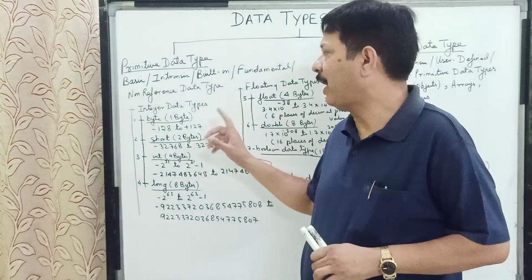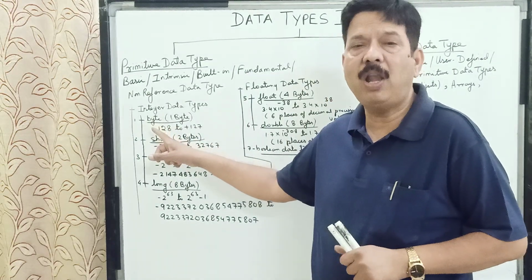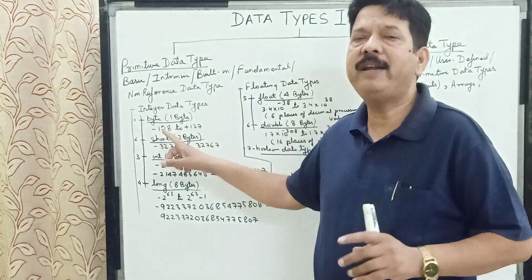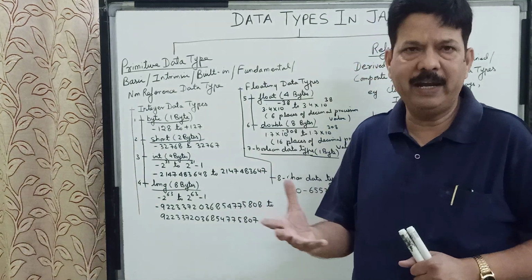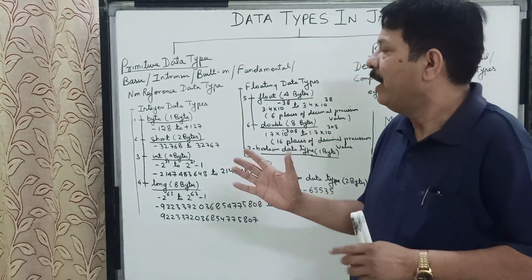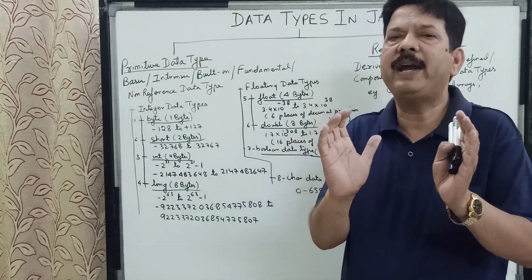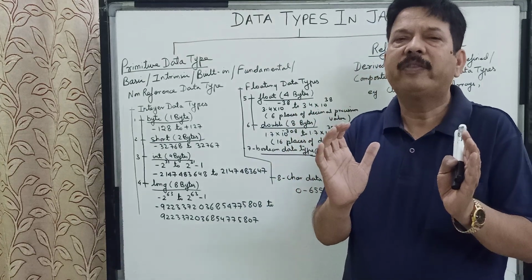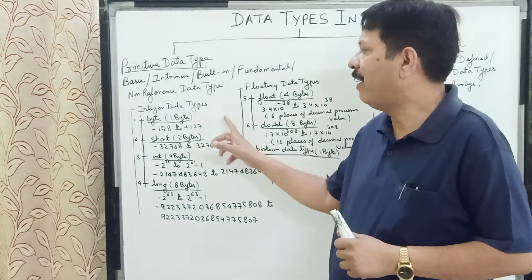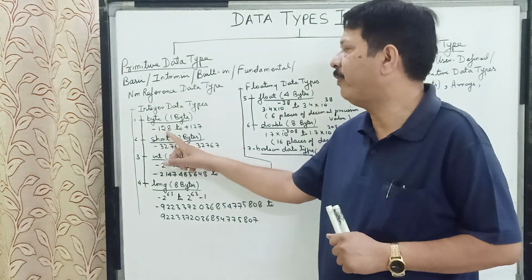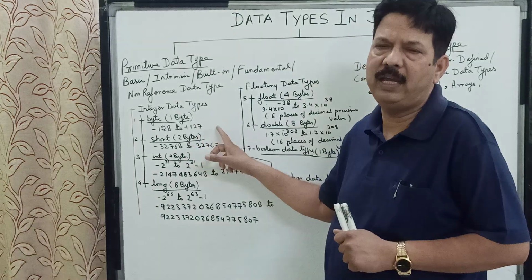So integer data type first is byte. It is written in small letters. If you want to define a data of type byte, I'll tell you how to define these data. Then it only occupies 1 byte of memory size in the memory of the computer, that is in RAM. And the data which it can hold is from -128 to +127.